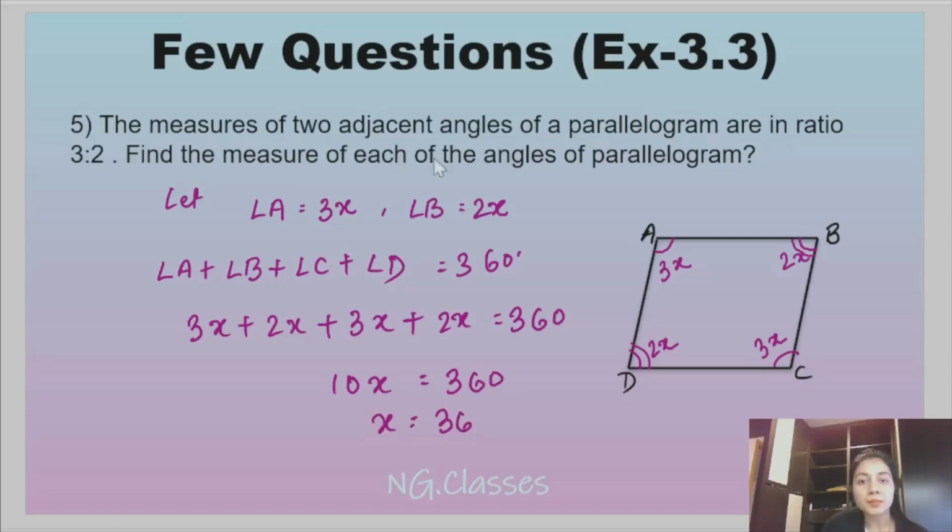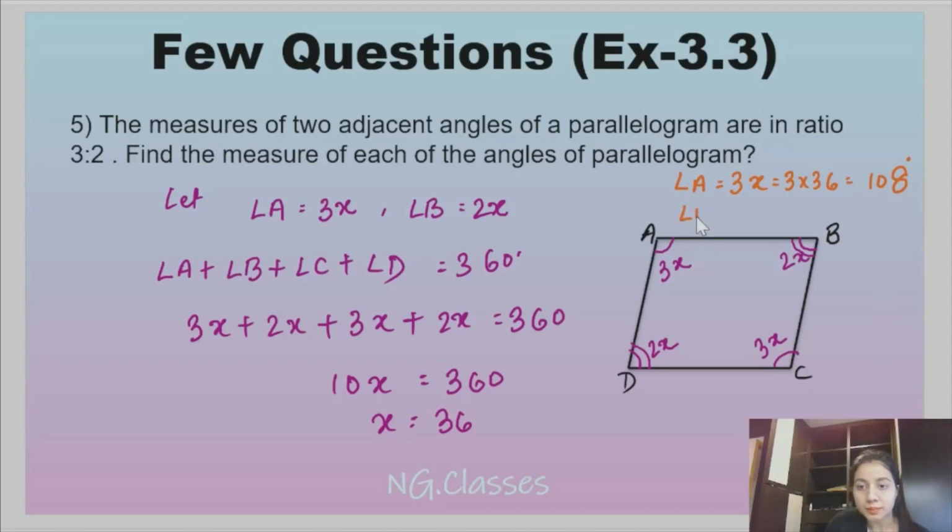So find the measure of each of the angles of the parallelogram. Angle A will be 3x, which means 3 into 36, that is 108°.